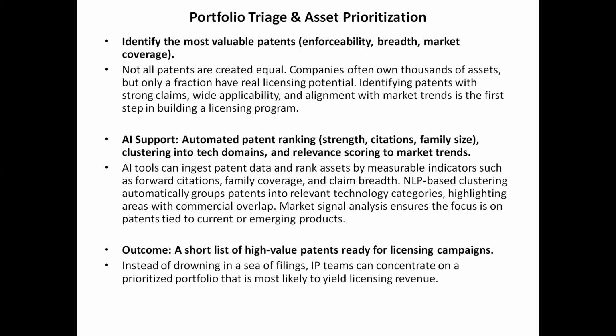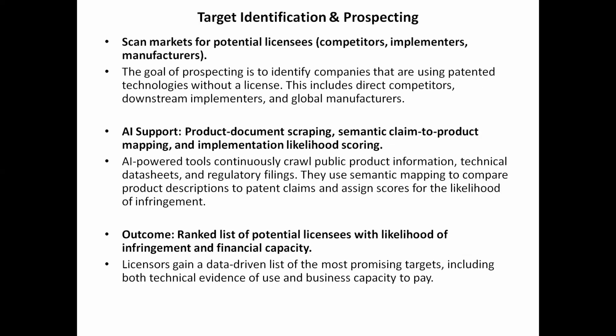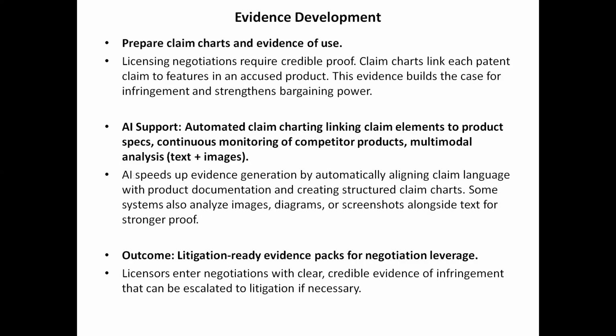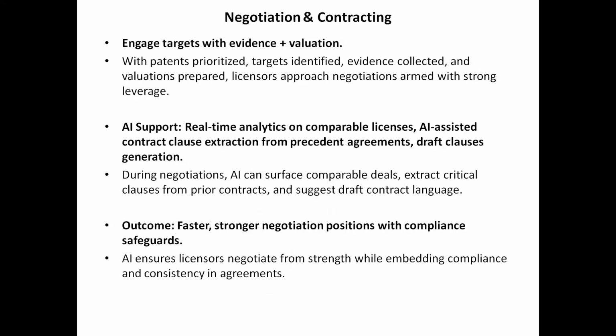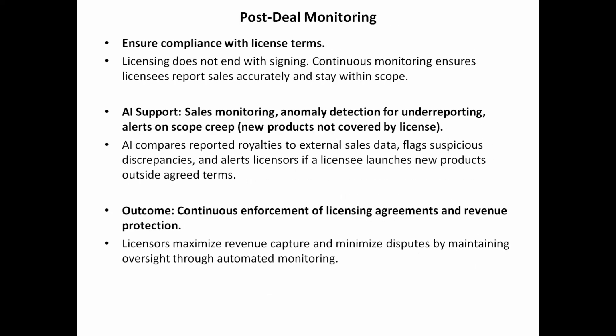I just looked at the landscape, and in general this is what they can provide, so if you are looking for a commercial solution out there, you can look at it and decide. Then there is targeted reporting and evidence development, because you already saw my demo, so I follow this procedure, valuation and things like that.